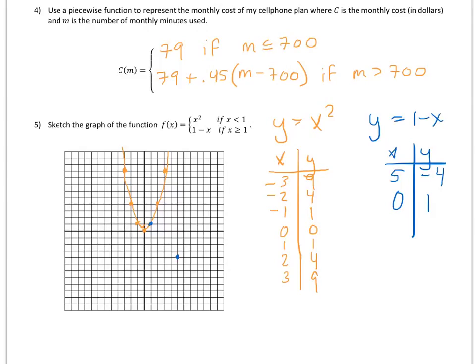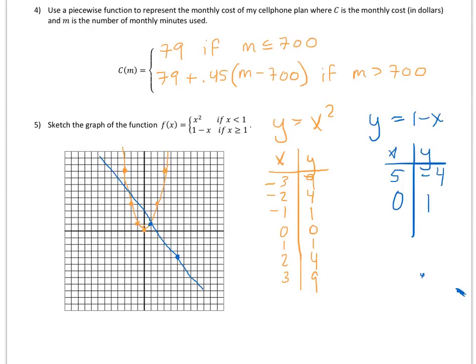So I just connect those as best I can with a straight line. There we go.